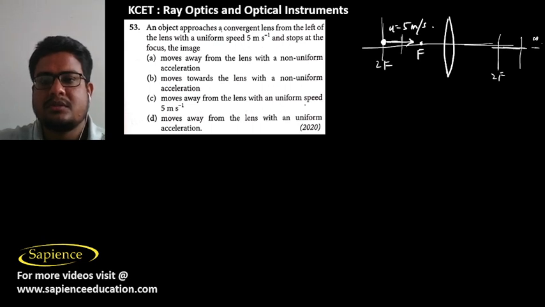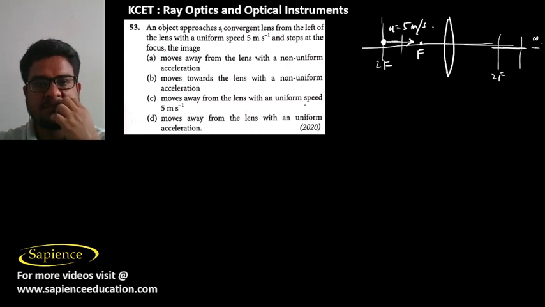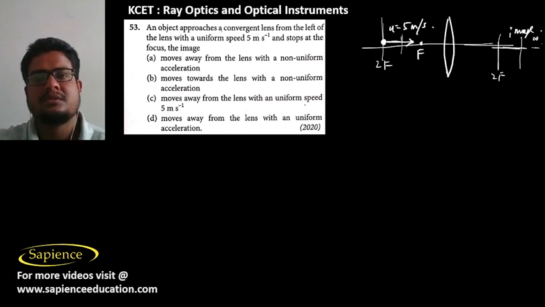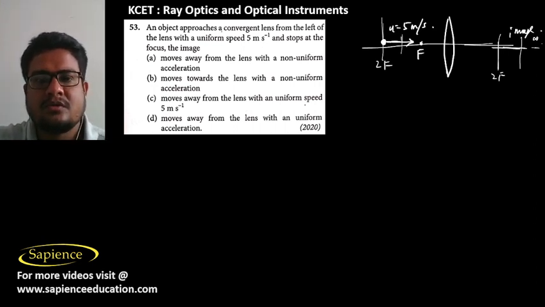So here the image will move away from the lens with a non-uniform acceleration. Suppose at any time t, u will be how much?